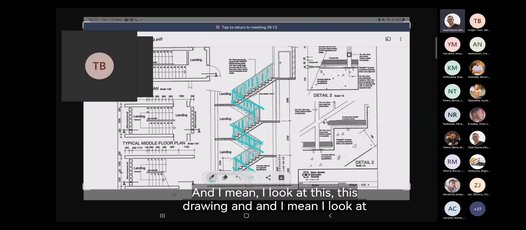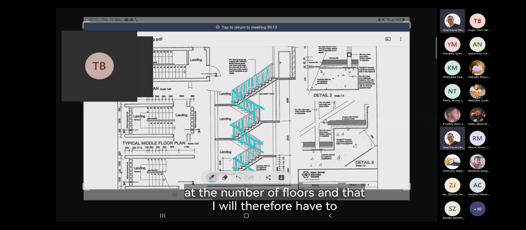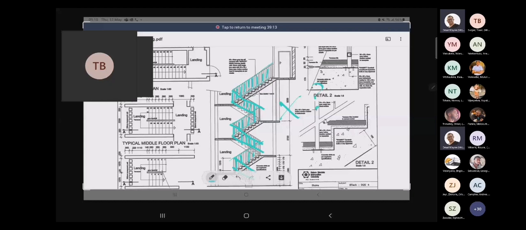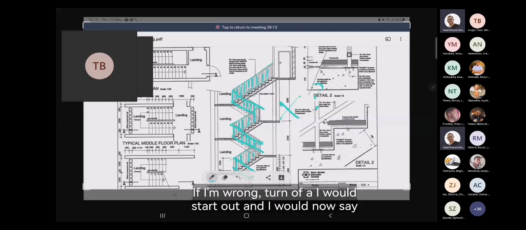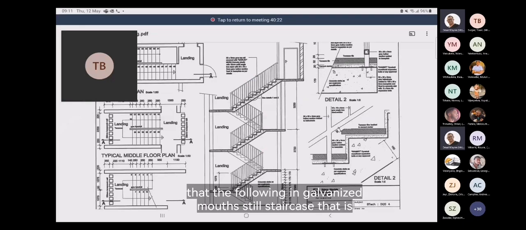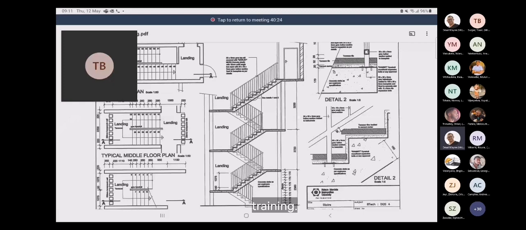And when I look at this drawing, and when I look at the number of floors, I will therefore have to determine how many times I would have to multiply all of those. And from alternative A, I would start out and say the following: in galvanized mild steel staircase balustrading.